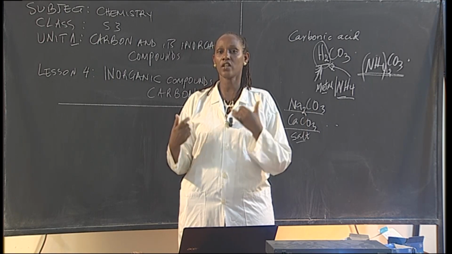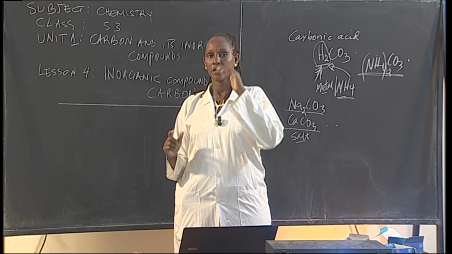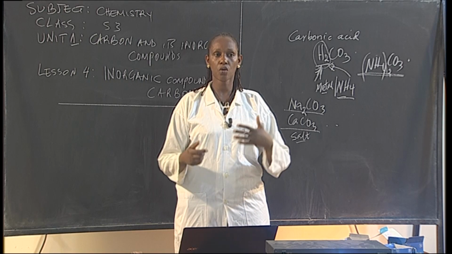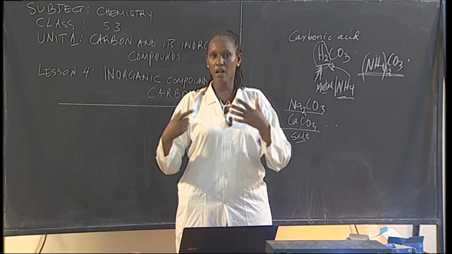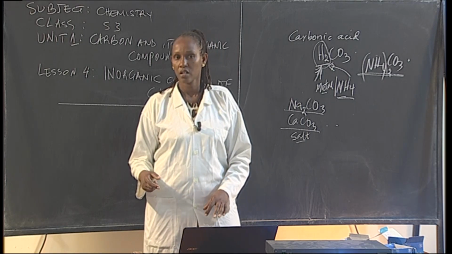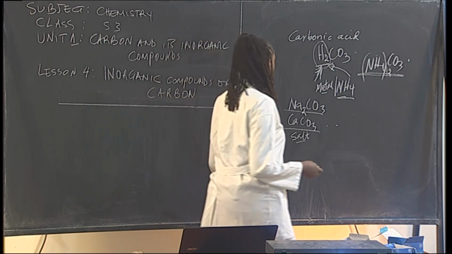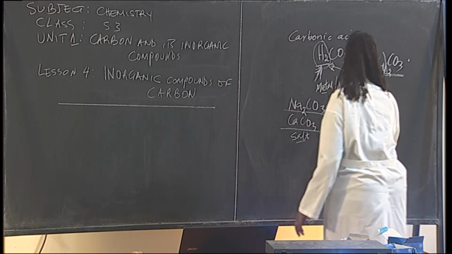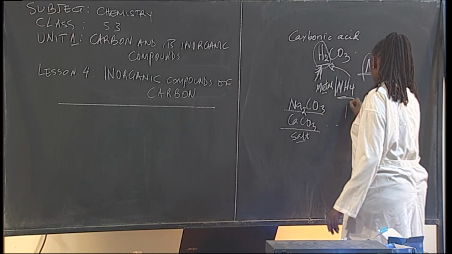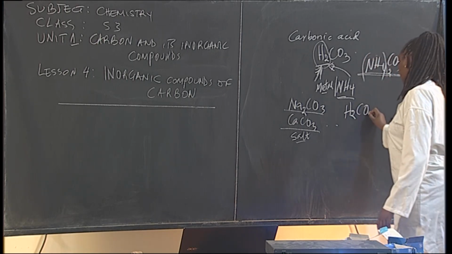On the other hand, hydrogen carbonates, you can call them hydrogen carbonates or bicarbonates, are formed when the hydrogen of carbonic acid is partially replaced by a metal, or what we call partial replacement. So we have this carbonic acid.